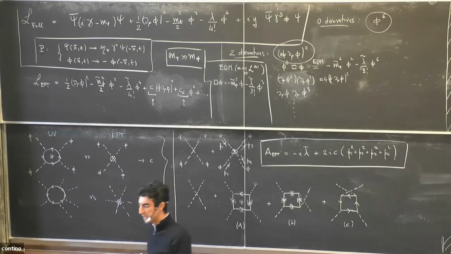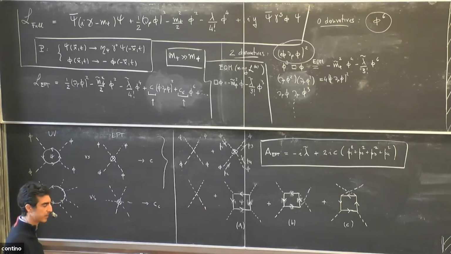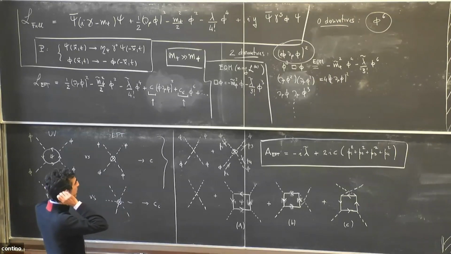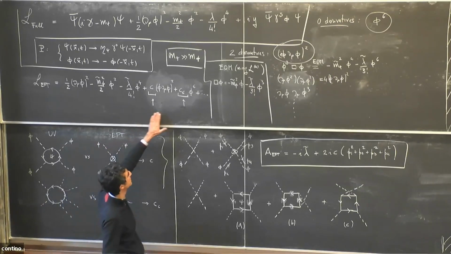Yes, that makes sense. I guess really my question is, when you don't know the UV theory, how does this work? Does it still work? Of course. We will discuss this later. Of course, in that case, there's no way to compute C and C6.